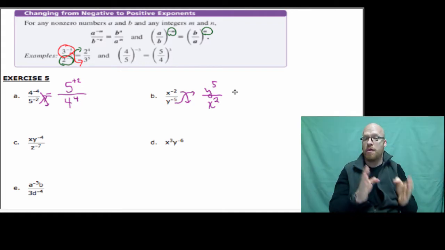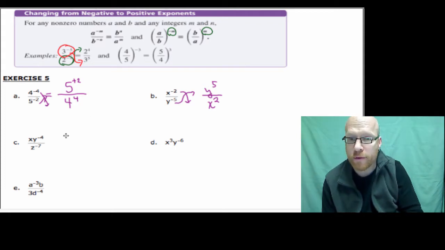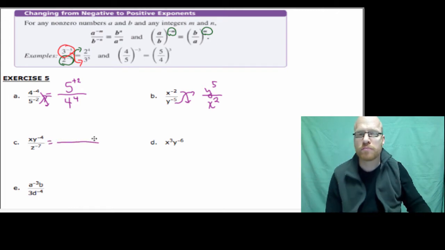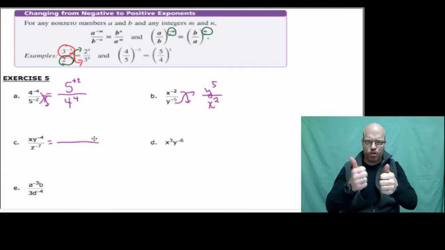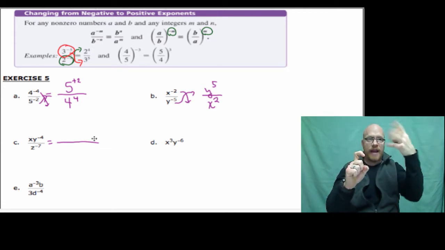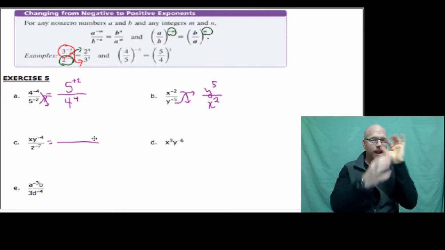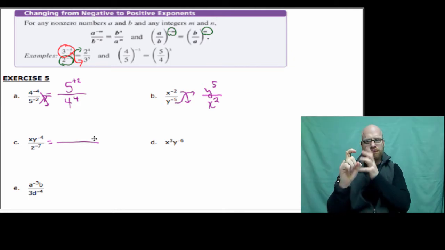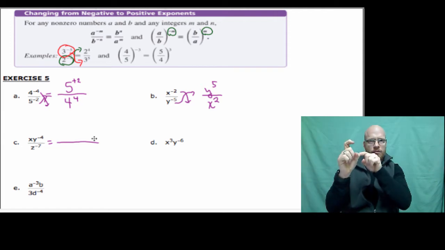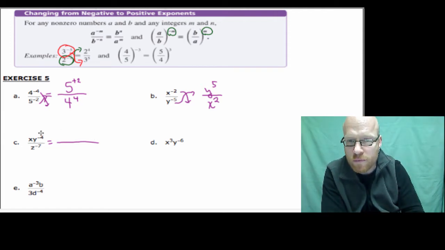Pretty simple. Let's move over to C. Now, I'm going to identify which variable is raised to the negative exponent. Okay, x times y to the negative 4. The negative 4 does not cover or belong to x. X is x to the positive 1. That gets left alone.